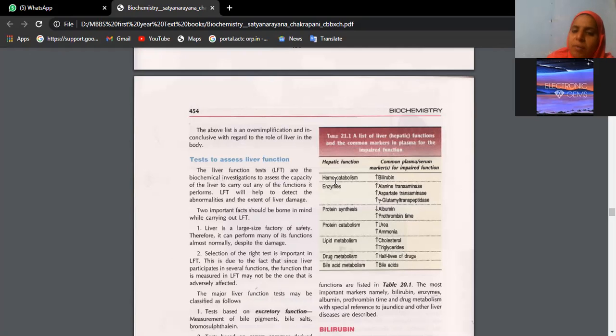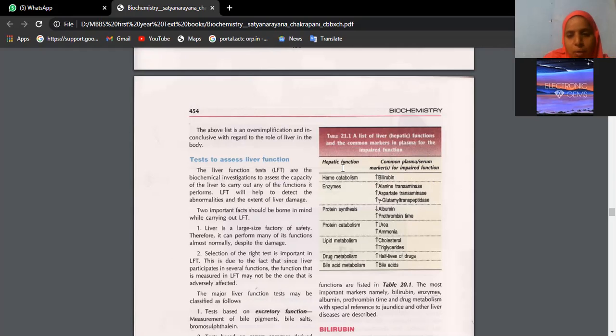So that means suppose liver is not functioning normally, obviously bilirubin will remain in the blood, and if the bilirubin levels are rising in the blood, that shows liver failure, isn't it? So heme catabolism, if something is going wrong, if it is excess and you are finding increased bilirubin level, this is one of the markers which helps us to tell that yes, liver is not functioning normally.